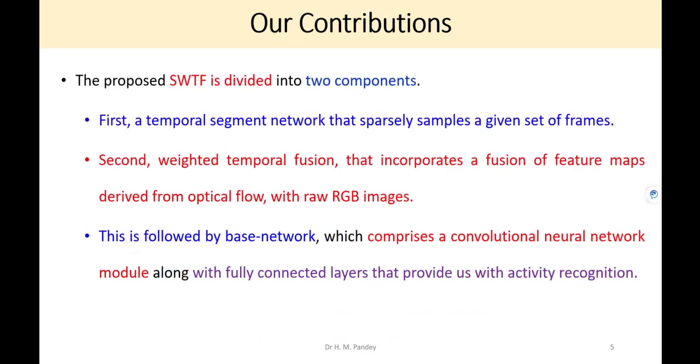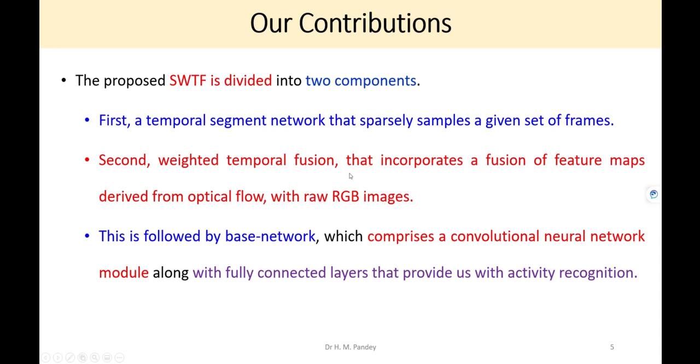What are our contributions? So we developed a SWTF model, and it is basically divided into two parts. It has two components. You can see the first component is the temporal significant network that sparsely samples a given set of frames, and the second component is weighted temporal fusion that incorporates a fusion of feature maps derived from optical flow with raw RGB images.